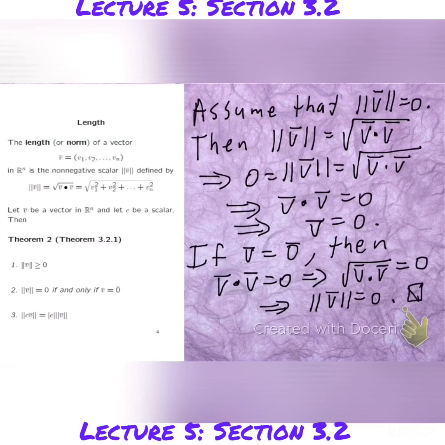Okay, so that's an application of theorem 1.4.